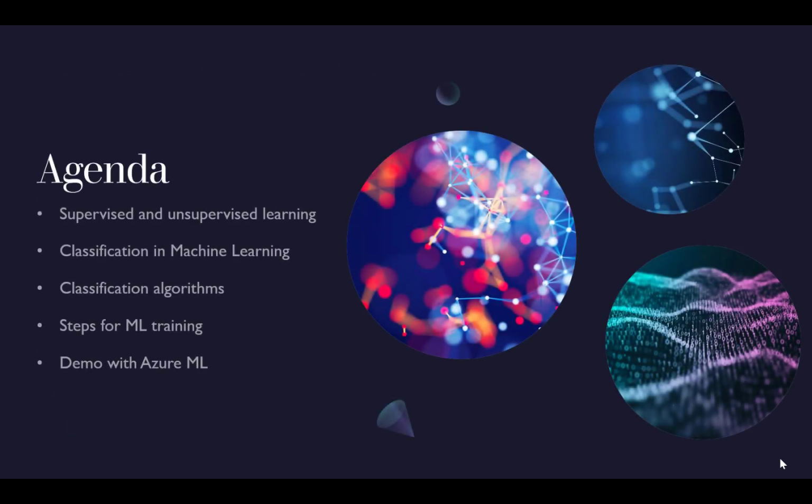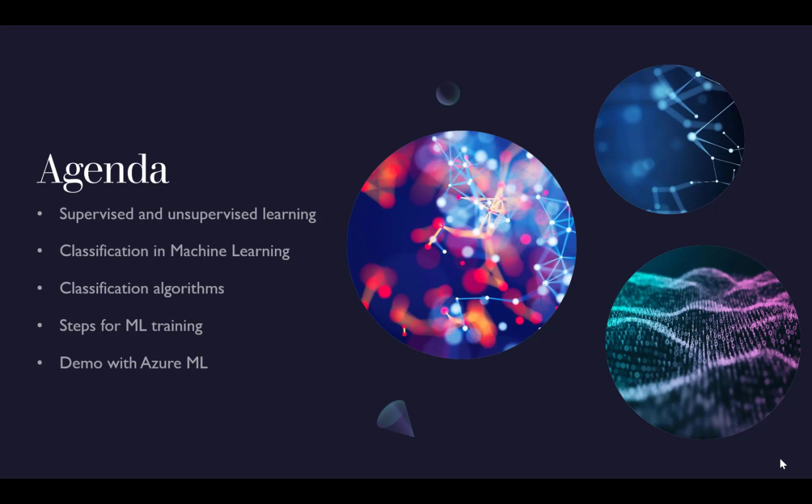And here's the agenda for the next probably 50 minutes or so. We'll start with a quick overview of artificial intelligence and machine learning. I'll talk about supervised and unsupervised learning. Then we'll go to the next level and talk specifically about classification in machine learning. Then we'll go to specific algorithms that you can use for classification.